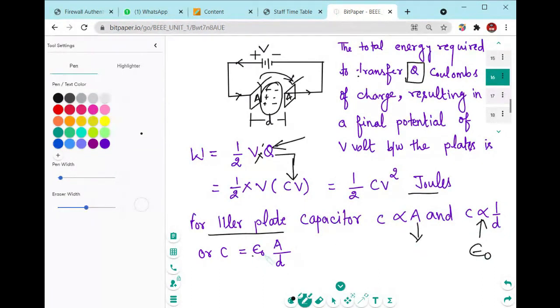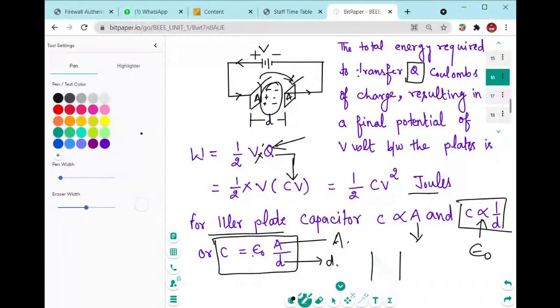So you can write this equation finally as C is equal to epsilon naught A by D, where A is the area and D is the distance.